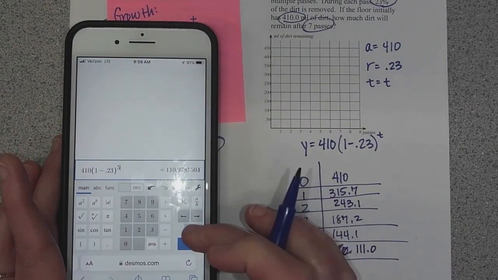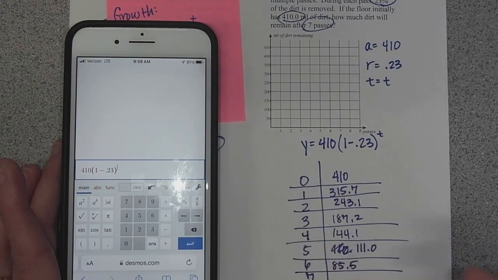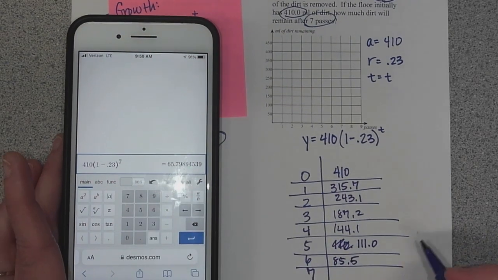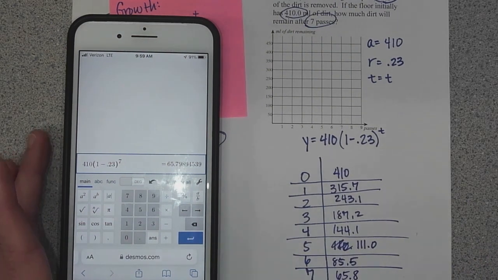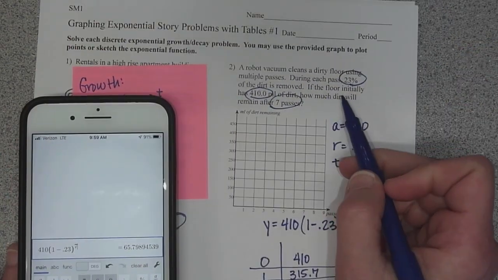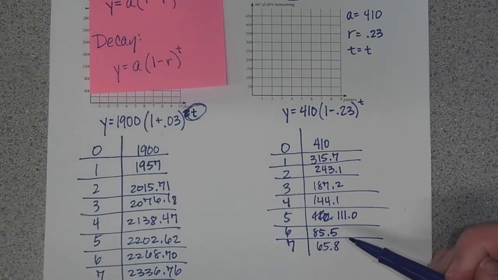And let's put in a 6. 85.5. And let's put in that 7, so 65.8. Okay, so how much dirt will remain after 7 passes? 65.8. Let's go ahead and put this on the graph.